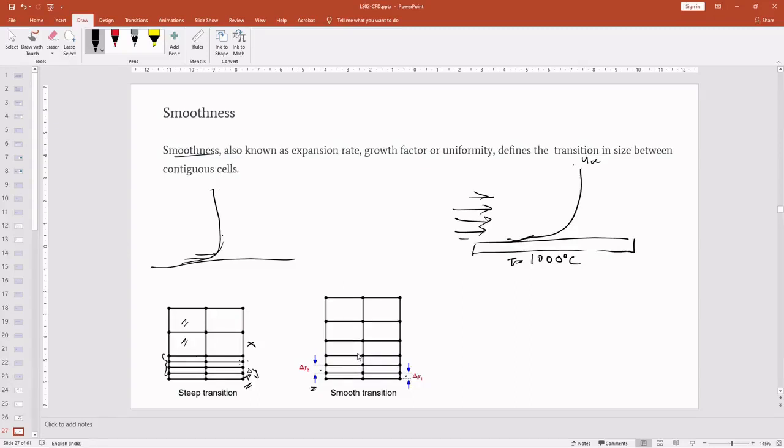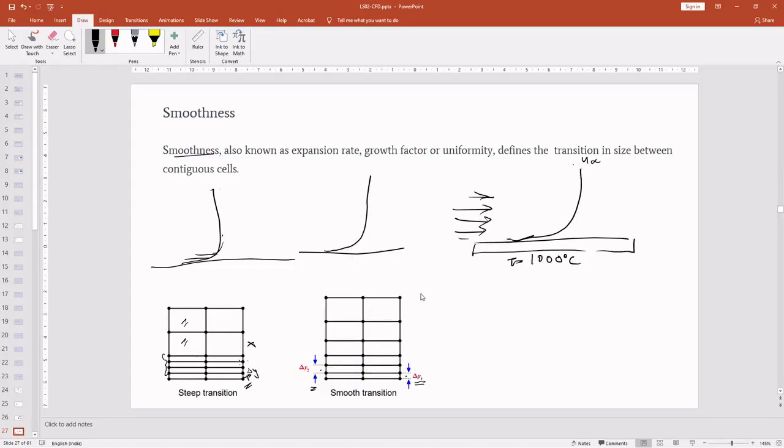Such transitions are called smooth transitions. This is called smoothness, or expansion rate, or growth factor. In such cases, if we plot the curve, it will almost capture our velocity variation.